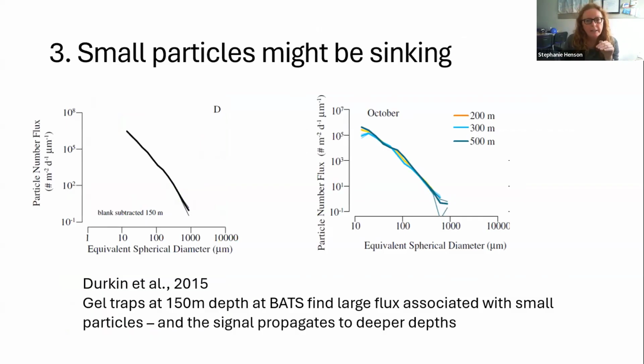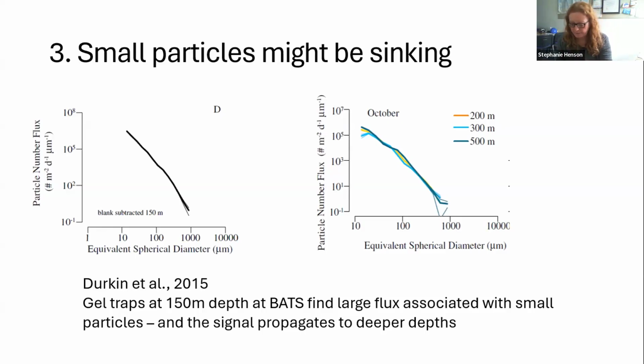And she found that actually there was quite a large flux of material associated with small particles, and that the signal propagated through the different depths as well. So that's what's on the right-hand side, the different lines, the different colors at different depths. So she concluded that actually small particles were able to sink in this region anyway.